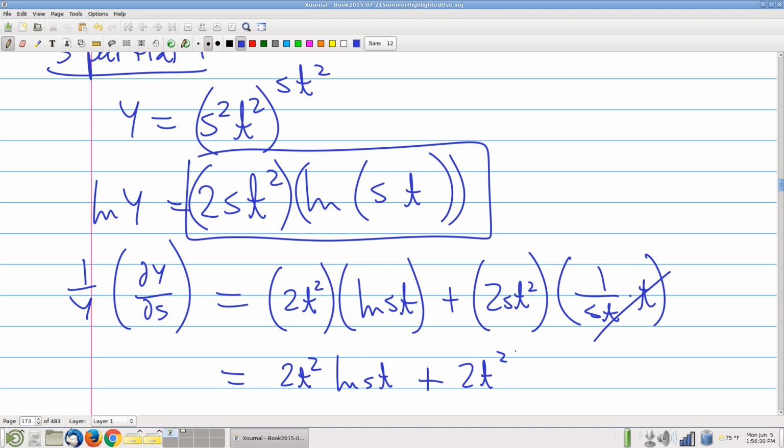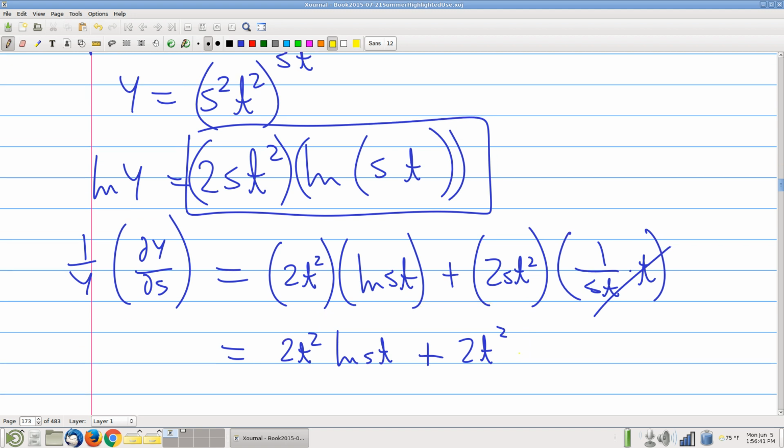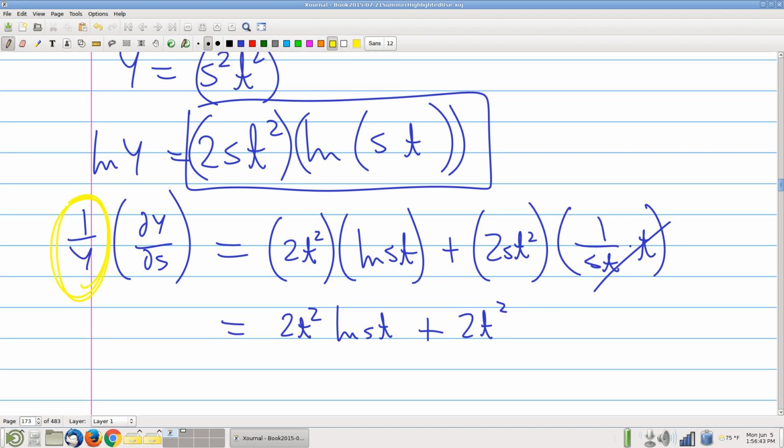Now again, the most common mistake that students make on these kinds of questions is to declare this to be their answer, which of course is wrong. Our answer is what you get when you multiply y times that.